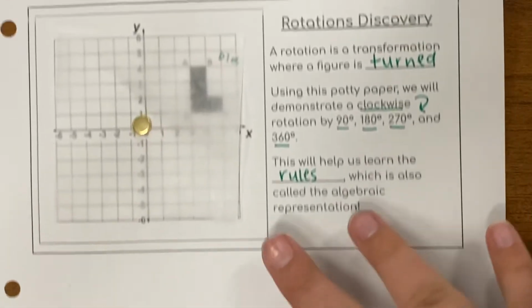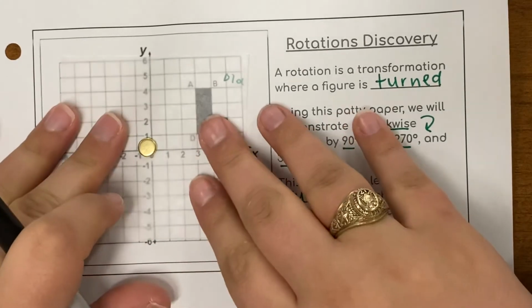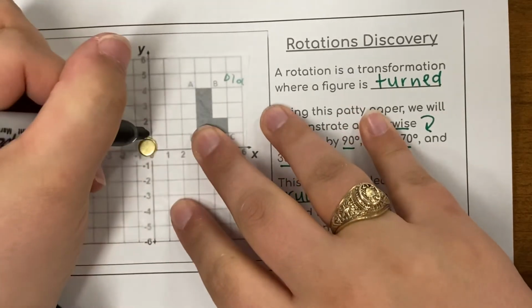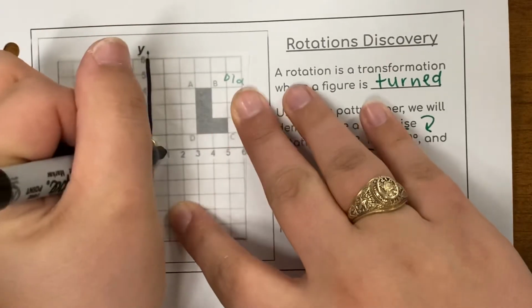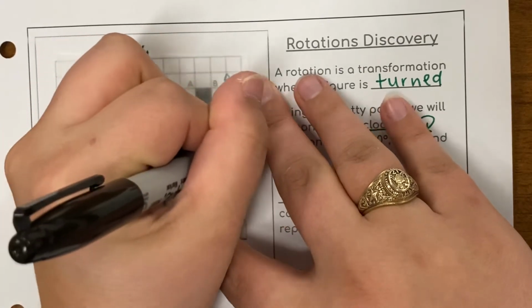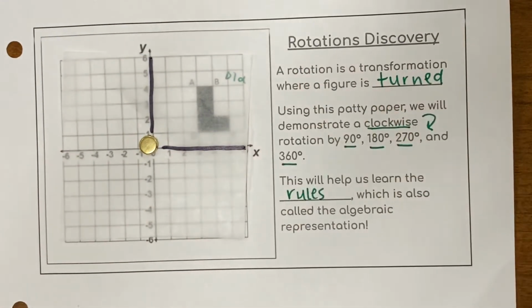So now, to get to the rotations part, I'm going to use this patty paper to help me turn my figure on my graph. So what I have to do first is draw my axes. I don't have to label them, I just have to draw the lines. This gives me guiding lines for whenever I turn the figure.